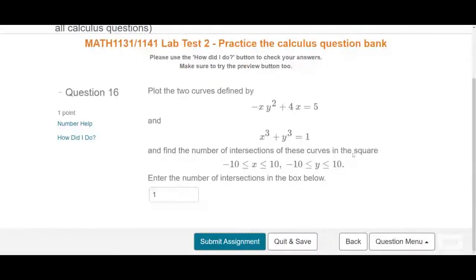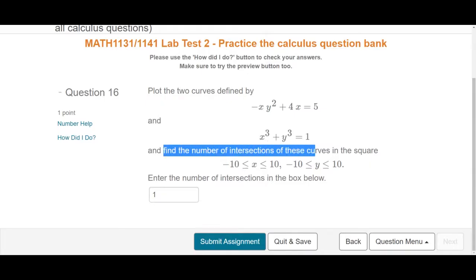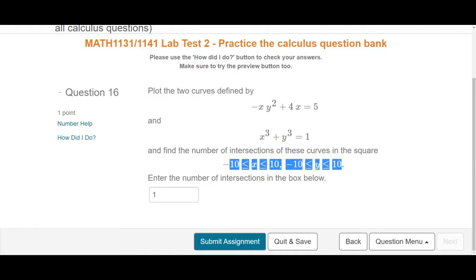All right, something different. Plot the two curves defined by this equation and this equation. Find the number of intersections of these curves in the following square region.